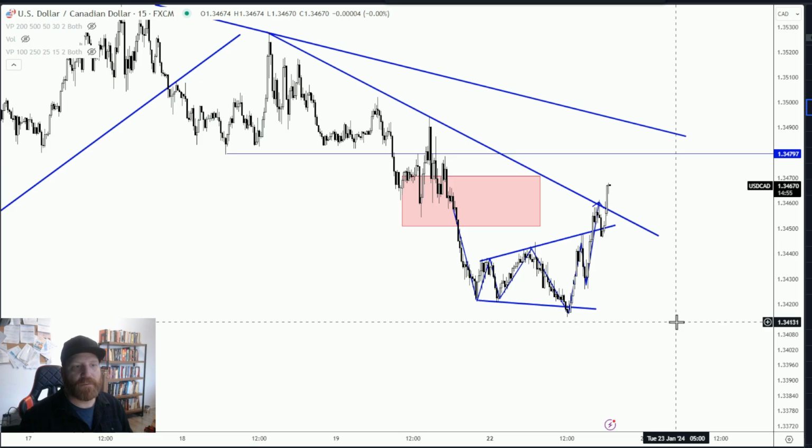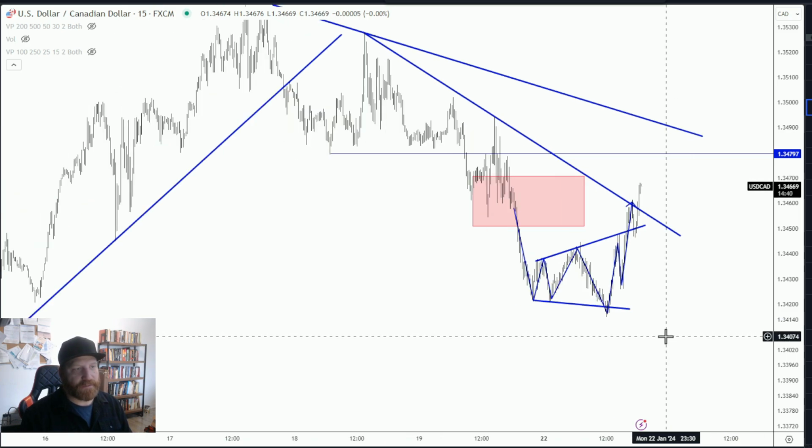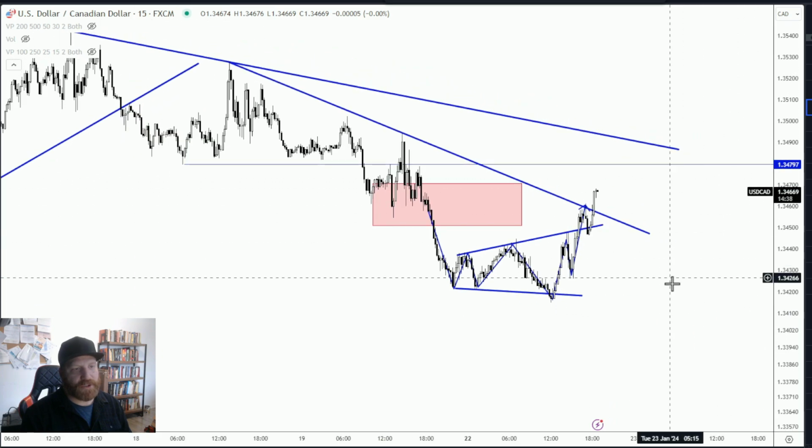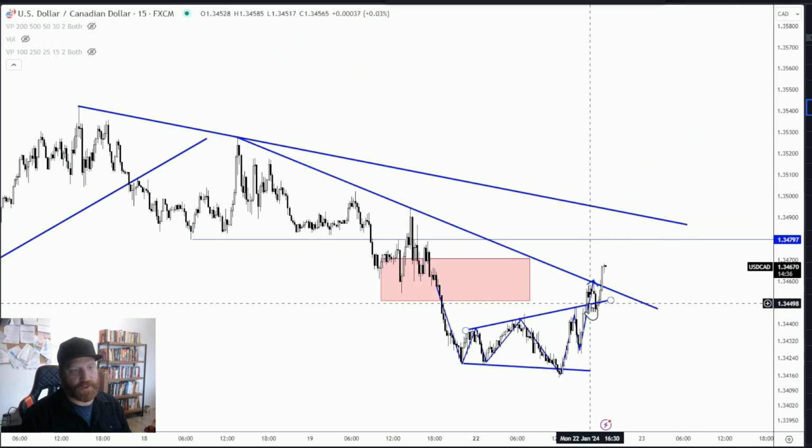What is a megaphone? It is a reversal pattern. So now, not only am I not interested in a short, I'm tempted to go long because this is acting as the opposite of what I wanted to achieve here, which was to short.